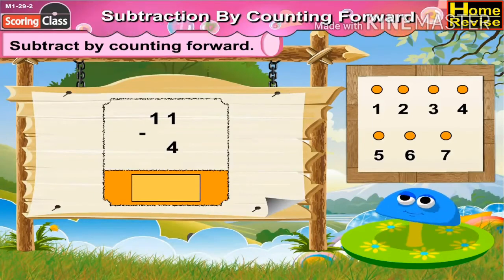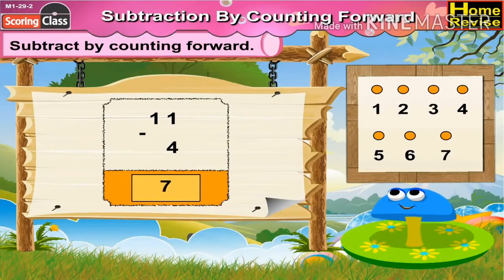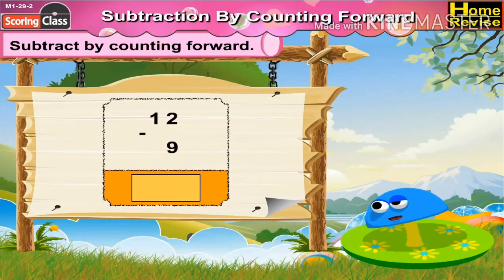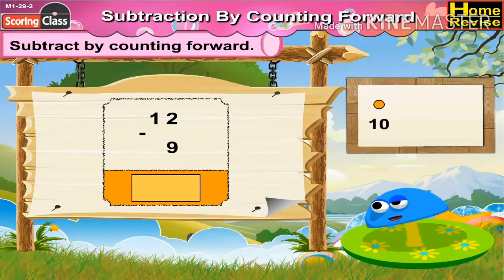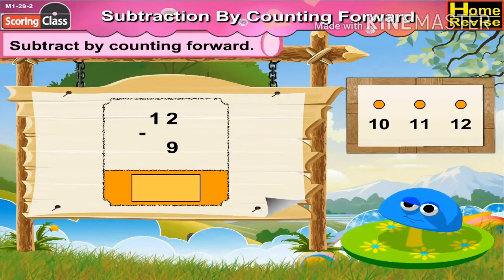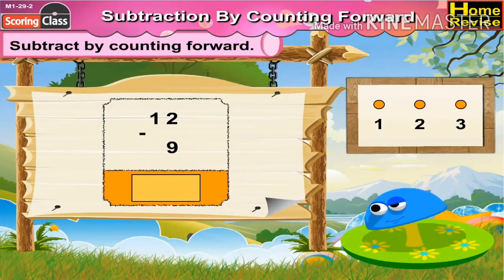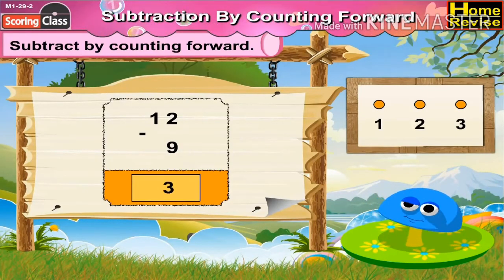Now that is 7. So 11 minus 4 is 7. 12 minus 9. With counting forward, it would be 10, 11, 12, 3. So 12 minus 9 is 3.